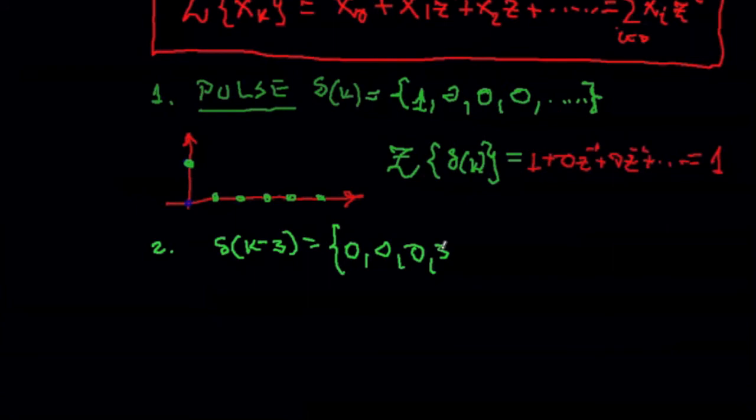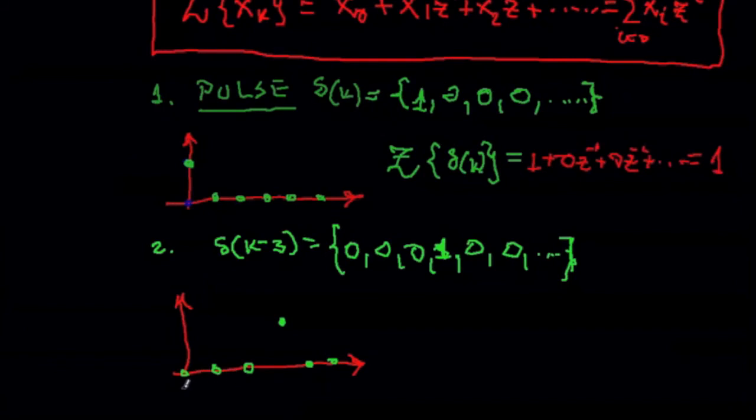This sequence looks as follows: 0, 0, 0, 1, 0, 0, where the indices are 0, 1, 2, 3.